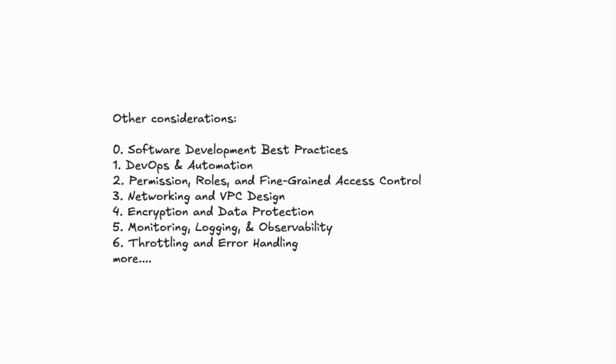Monitoring, logging, and observability is also important. Logging helps to track performance, detect abnormalities, and debug issues. Proper logging ensures compliance and provides insights for troubleshooting. The last part is throttling and error handling.